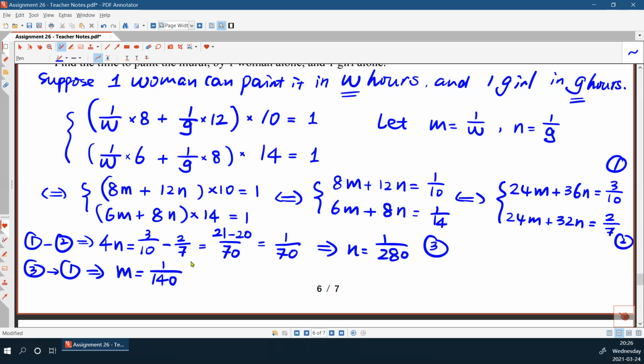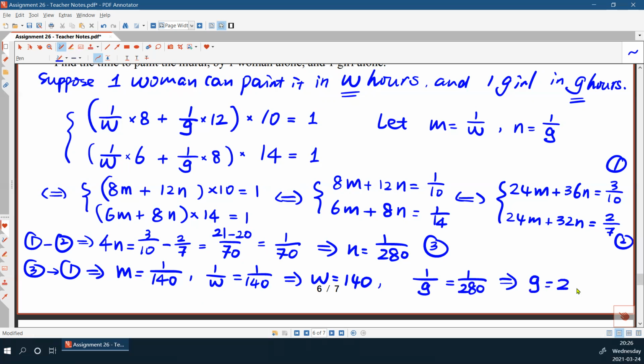So we have solved M and N because M is 1 over W. 1 over W is 1 over 140, so that means W is 140. W is a value you want, right? N is 1 over 280. So that means 1 over G is 1 over 280, so G is 280. So here we have solved the W and G.